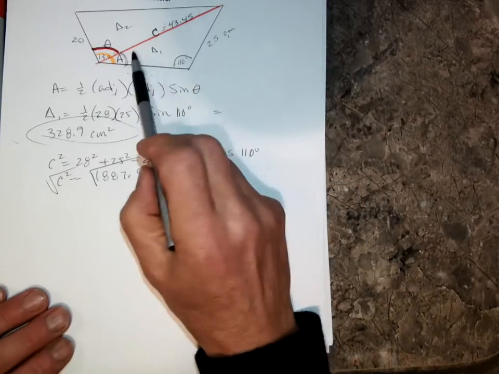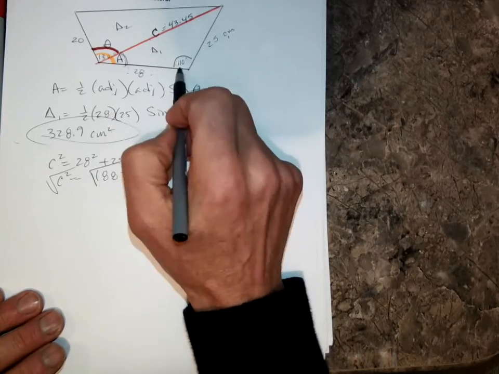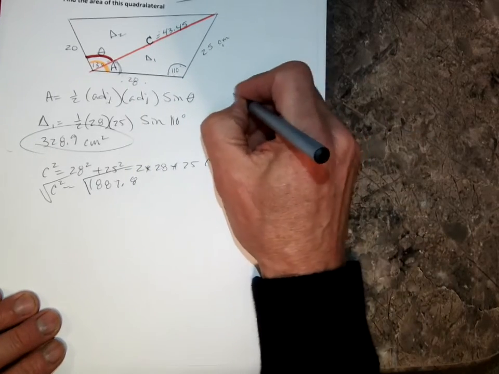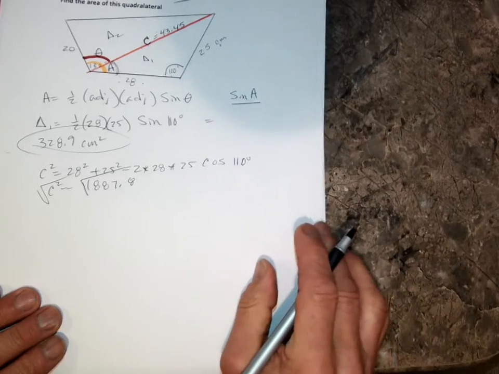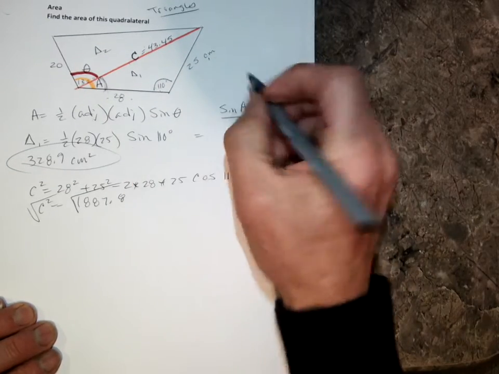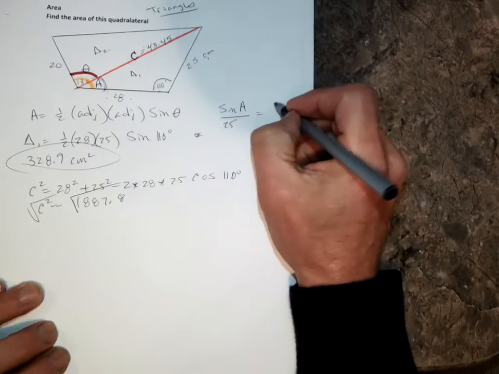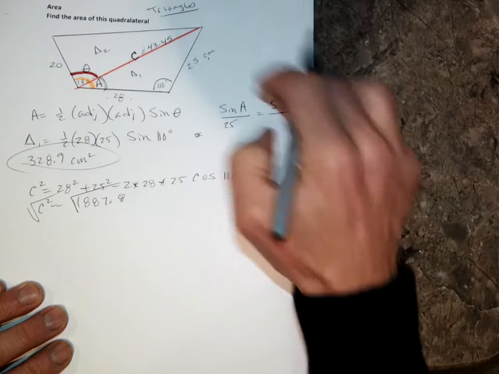So to get angle A, I'm going to set my opposites. Opposites, opposite, opposites means the law of sines. Law of sines would go sine of A over its opposite side, which is 25, equals sine of 110 over its opposite side.